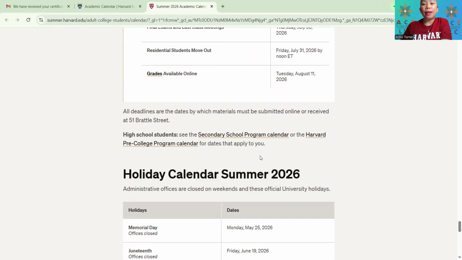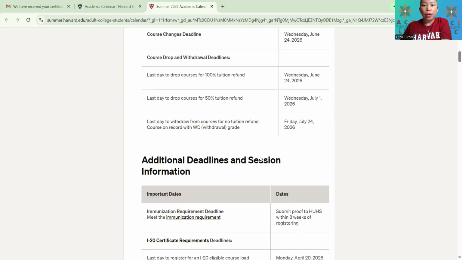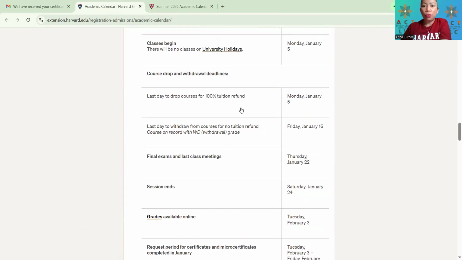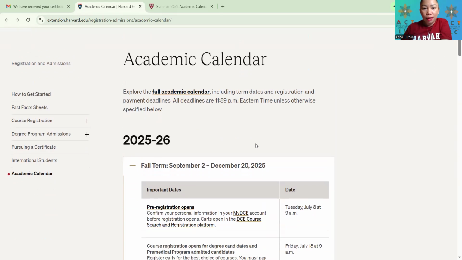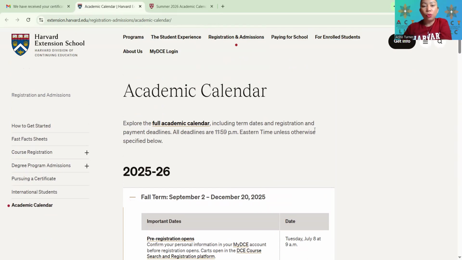So if you are really planning on going for Harvard, first I suggest that you go to the Harvard Extension School, especially for the academic calendar. Because in that academic calendar, you will be able to see all of the deadlines of when you need to do something. So it's very important that you explore.